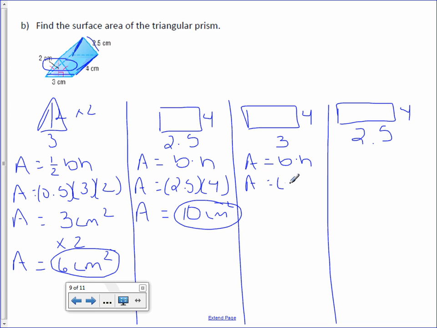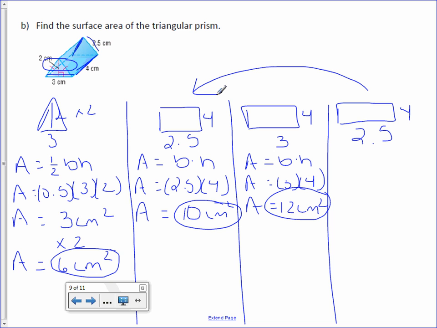Area equals 3 times 4. Area equals 12 centimeters squared. And the last one, we've already done 4 times 2.5, so I can just say here area equals 10 centimeters squared. If you have the same rectangles, there's no sense in doing the work twice.